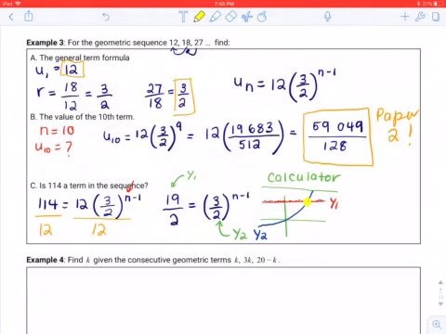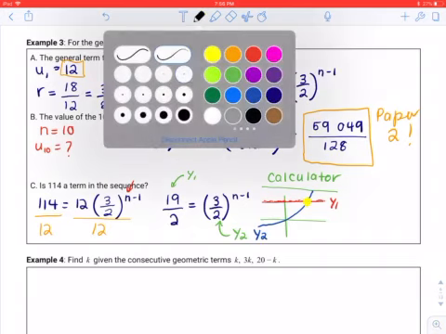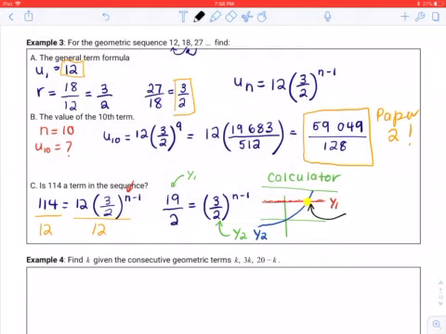So you're looking for this intersection point right here. So in order to find that, you need to use second, trace, intersect. And what you'll find there for an x value, or in other words, your term number, is 5.80.